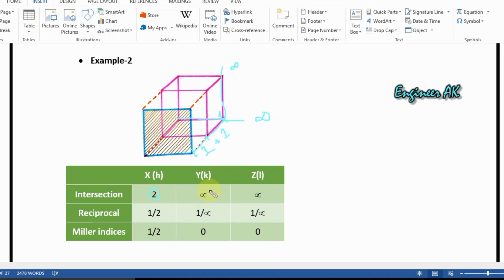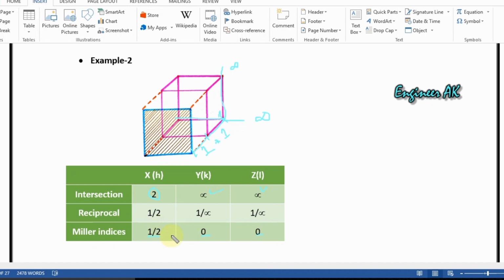So at the y-axis infinity, at the z-axis infinity. Now take the reciprocal: 1 over 2, 1 over infinity, and 1 over infinity. So its Miller indices will be 1 over 2, 0, and 0.